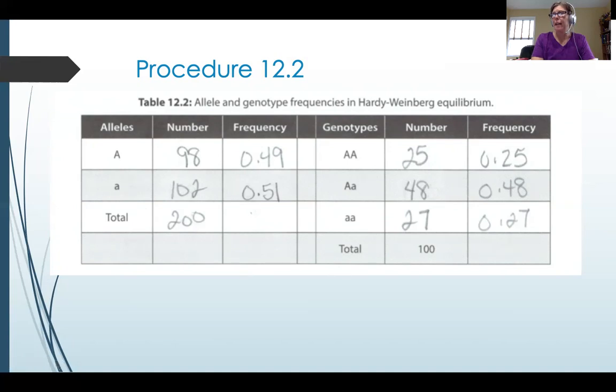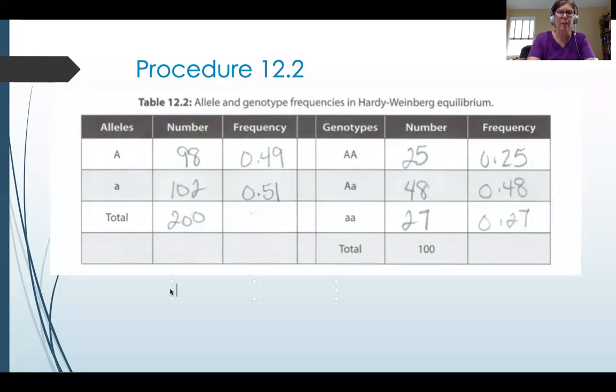To get that big A, little a, remember this is not our initial population. We're asking what we got when we did our pull. It's going to be really close to our initial population because we met all of the requirements for Hardy-Weinberg.